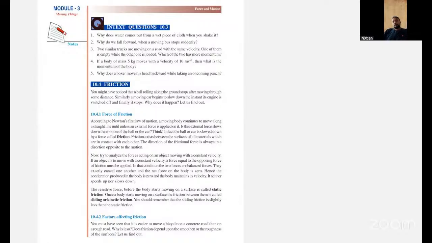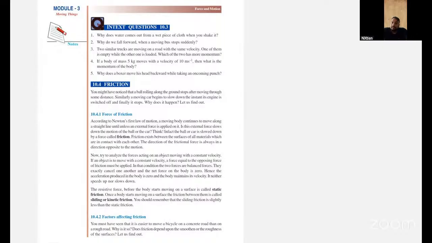For example, we wear shoes. Yes, we wear shoes, and after 2 months, 3 months, 8 months, depending upon your walking or sports activity, the shoes get wear and tear. It is also because of friction.